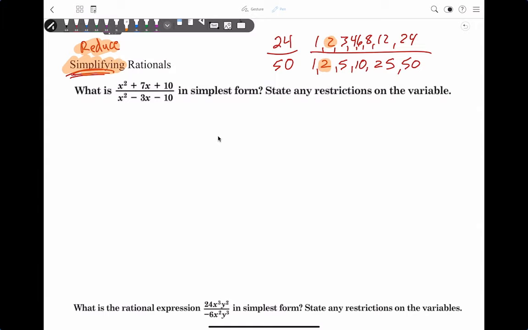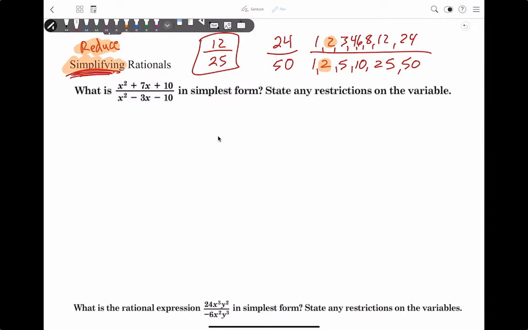There aren't any other numbers that they share in common. So if I divide 24 by 2, I get 12, and on the bottom I'm going to have 25, okay? And here I can't reduce it anymore. So this is fully simplified because there aren't any other factors in common. But again, we want to simplify always by trying to find the biggest factor that they have in common.